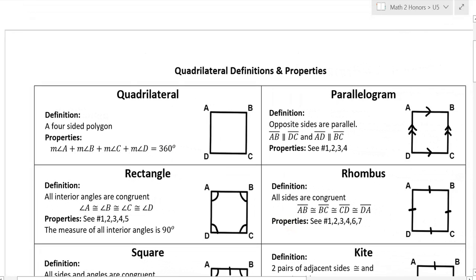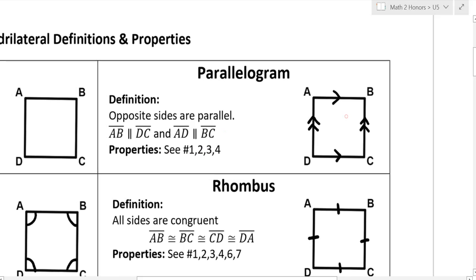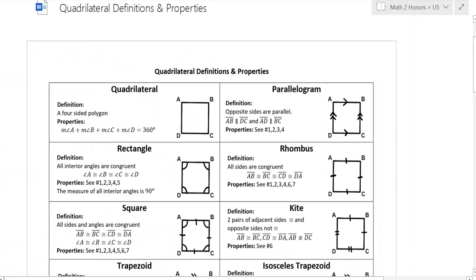Or the parallelogram, what I have here, you have the definition, opposite sides are parallel. What does that look like if I were to label A, B, C, D? AB is parallel to DC, AD is parallel to BC. You have a picture of a diagram. And then the four properties, I didn't put them in this box, but you can see that I said see number 1, 2, 3, and 4.